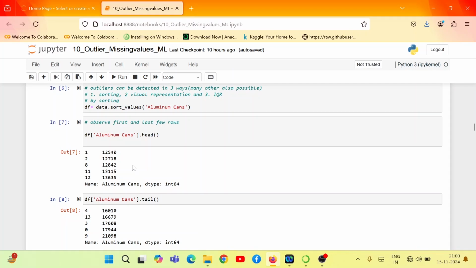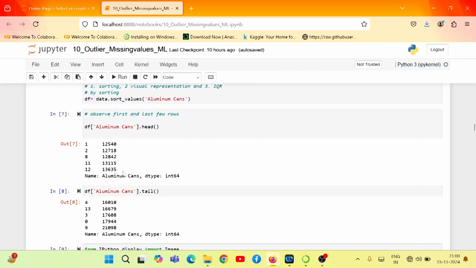Now the difference between the first value and the next value, 12,540 and 12,718, is around 178, right? This is normal when compared to the differences between the other rows, which range from, let's say, 200 to 600, right?